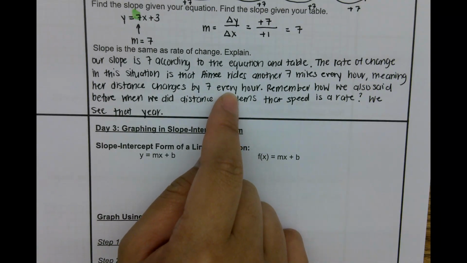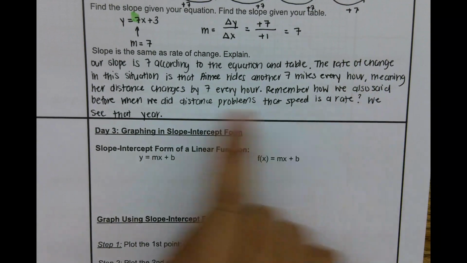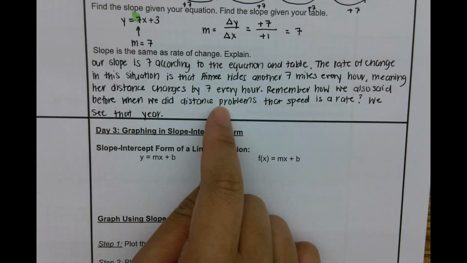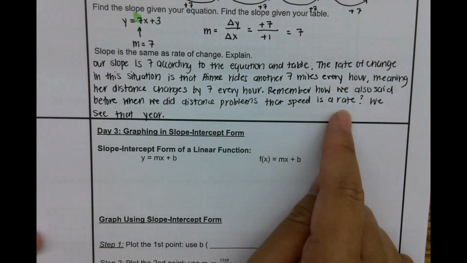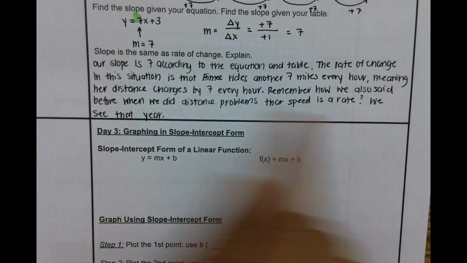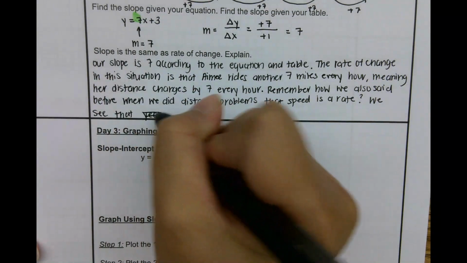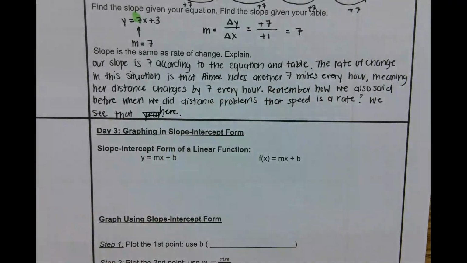And if you remember, we said before when we did those distance problems, distance equals rate times time, that speed we have, that 7 miles per hour, is a rate. We see that here. Okay.